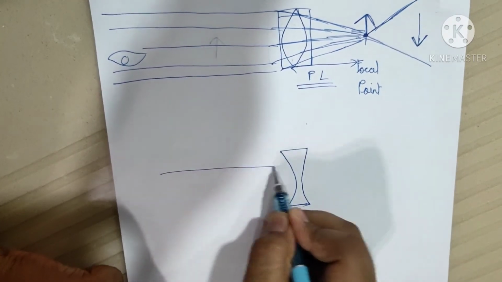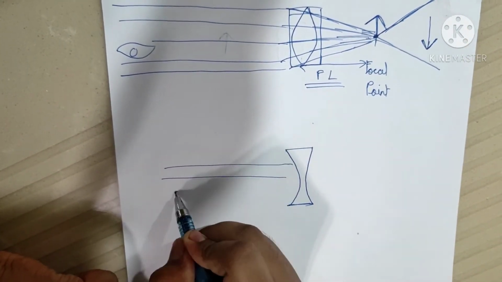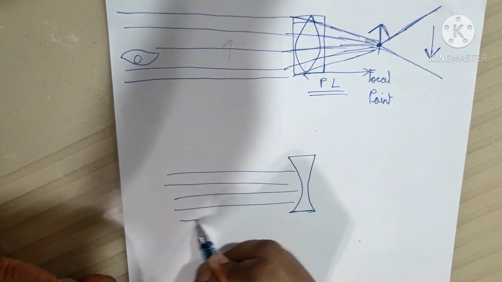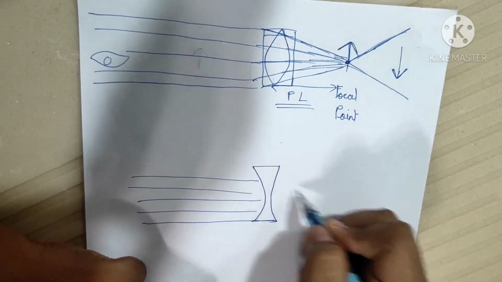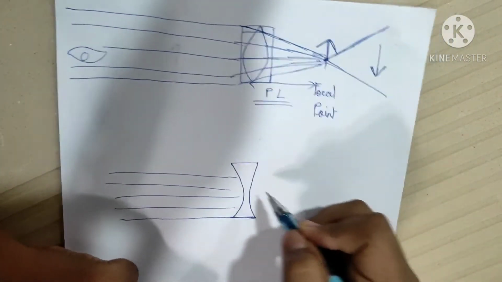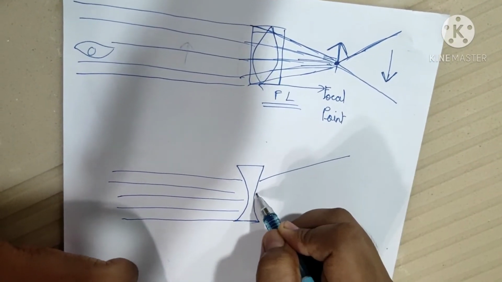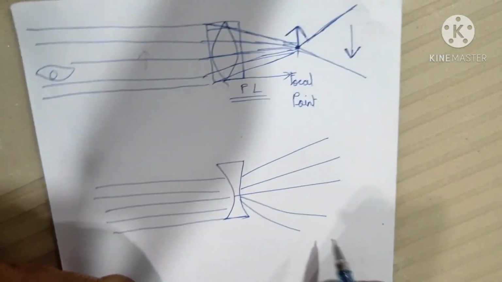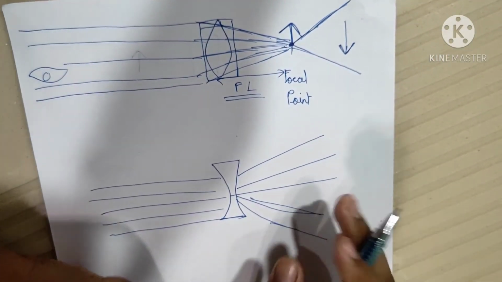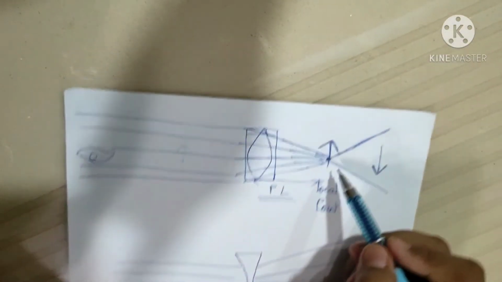Now when the light rays travel from here, instead of meeting at a point, they spread out. And now you might be wondering, if they spread out, where could the focal point be?